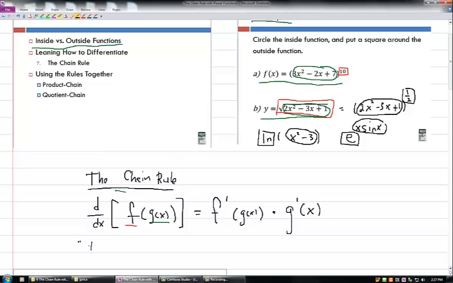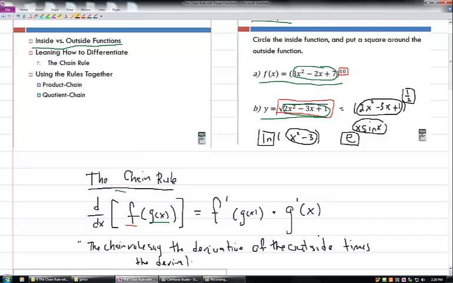And the saying is, I always just say, the chain rule says the derivative of the outside times the derivative of the inside.